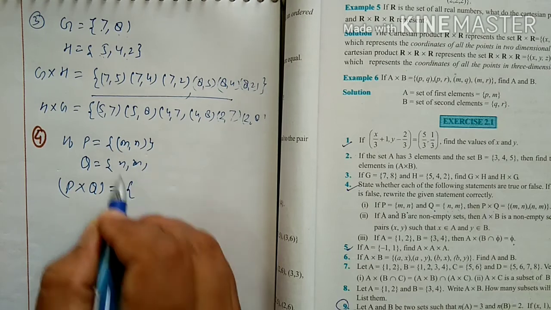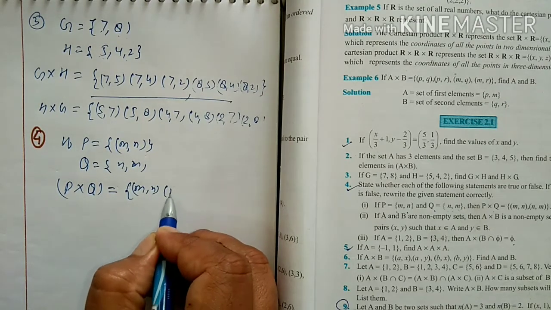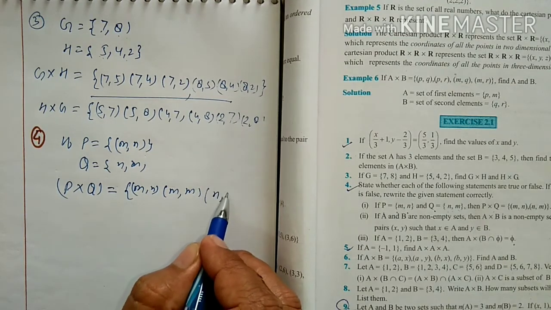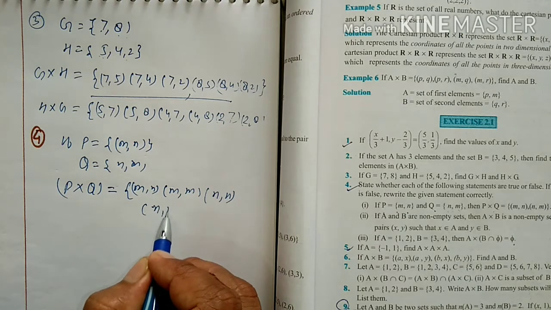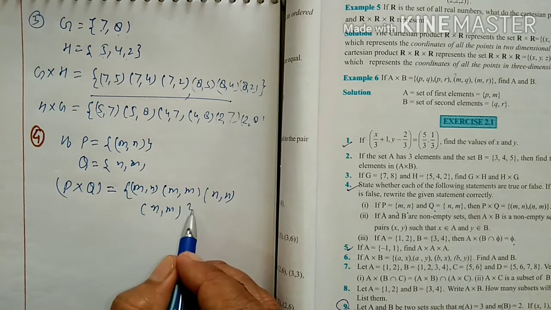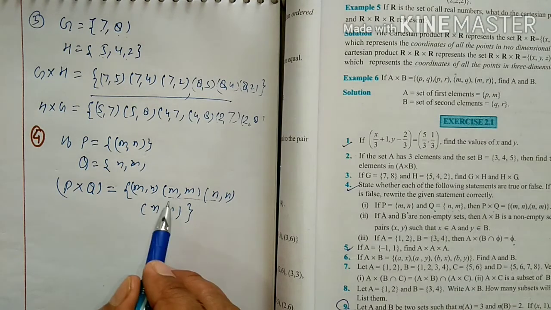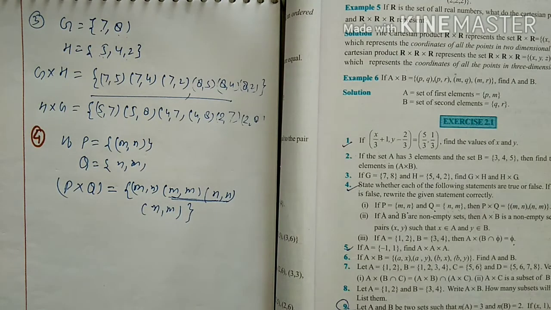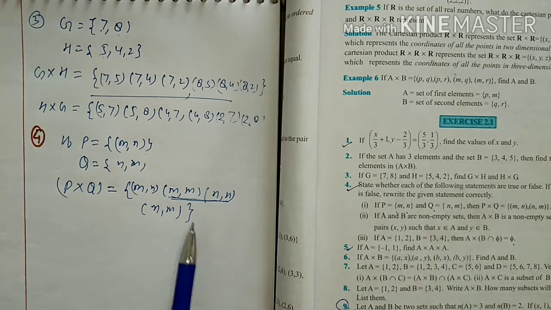So P cross Q is (m, n), (m, m), (n, n) and (n, m). Clear? In this case, these two terms are missing. So the statement is false.